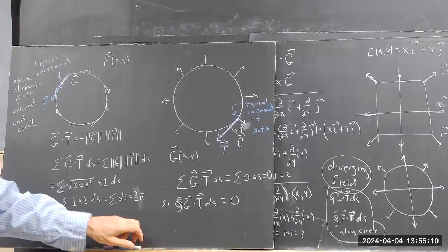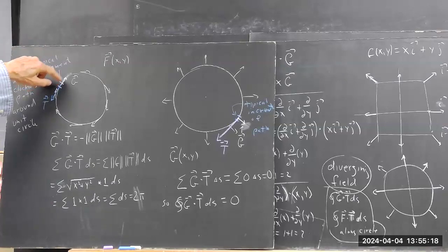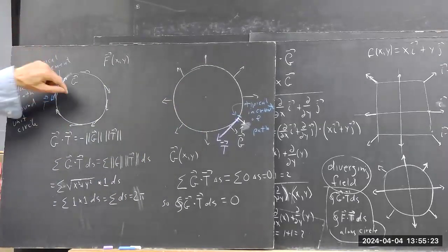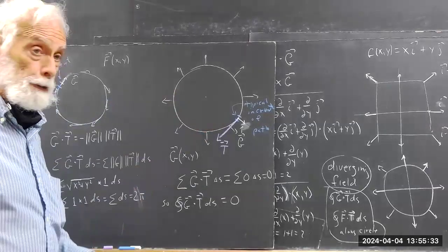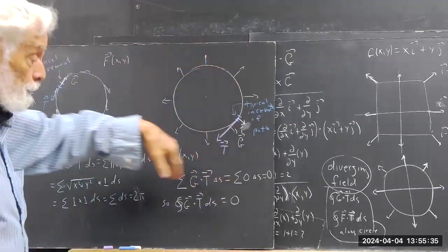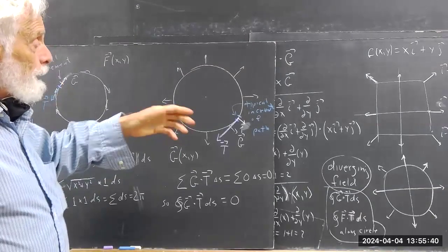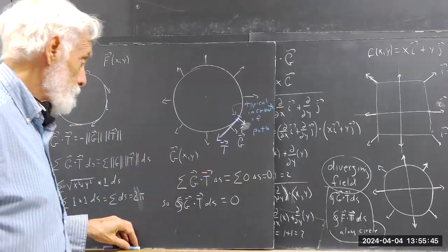So you don't have to do any integration at this point, but this is what the integrals mean. If the function is not nice, like this one where G is always perpendicular to T, or this one where G is always parallel to T, then you have a mixture. If G is always perpendicular to T on a circle about the origin, that means this thing has no circulation. It's divergent.